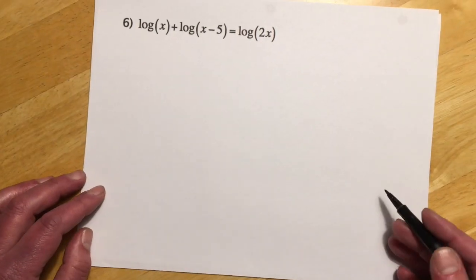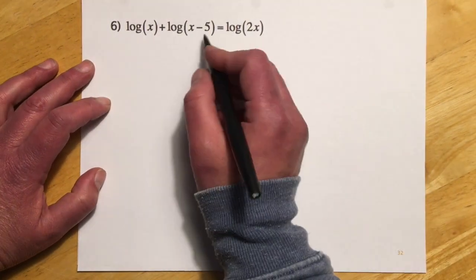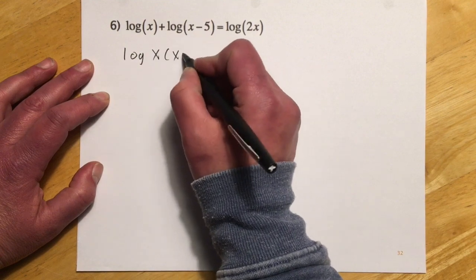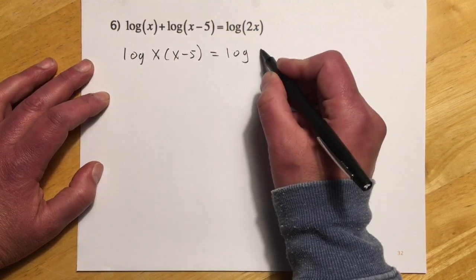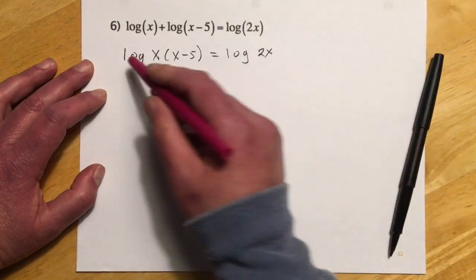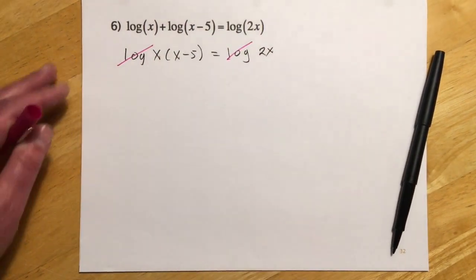So here's the first one where everything has a log. So this side I'm just going to write as a single log. So it'll be log x squared minus 5x, and then equals log 2x. And so since I have log of this equals log of that, I can dump the logs.